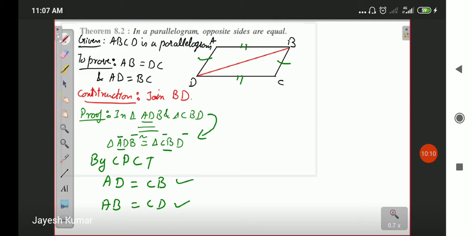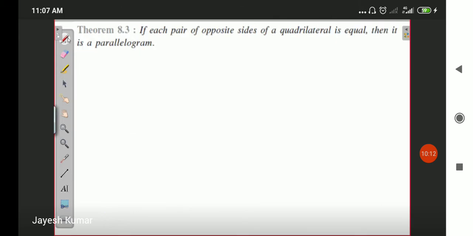Okay, moving on to theorem 8.3. Theorem 8.3 is: if each pair of opposite sides of a quadrilateral are equal, then it is a parallelogram. This is the converse of theorem 8.2.